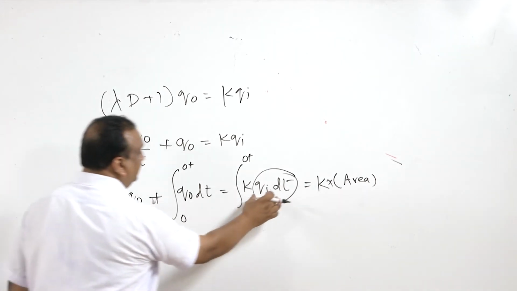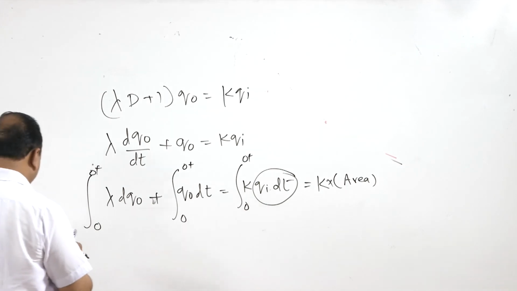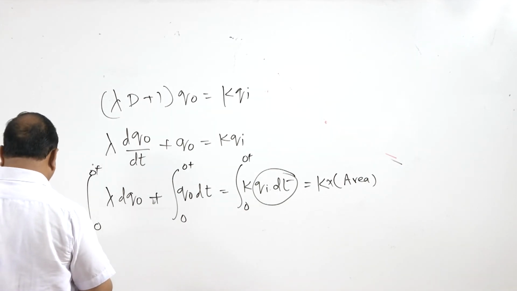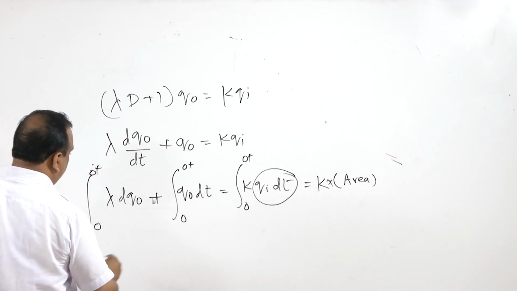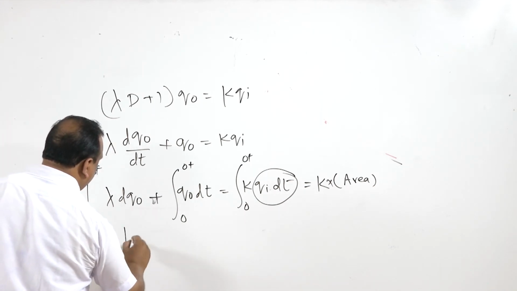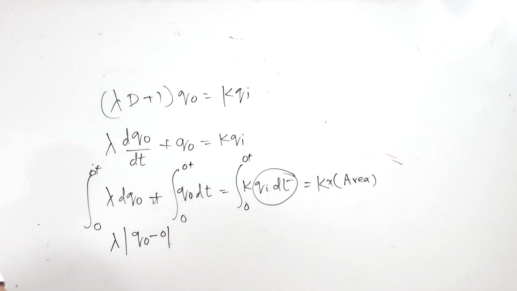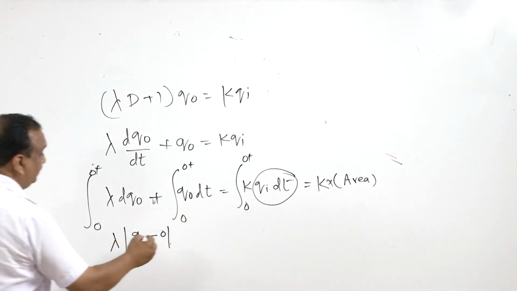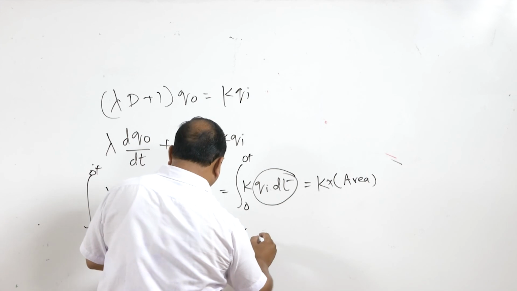Now we have already considered this QI dt as area, and when we integrate this, we get lambda (QO minus 0) plus, QO at t equal to 0 is 0 and at t equal to 0 plus it is QO, and this is going to be K multiplied by area.